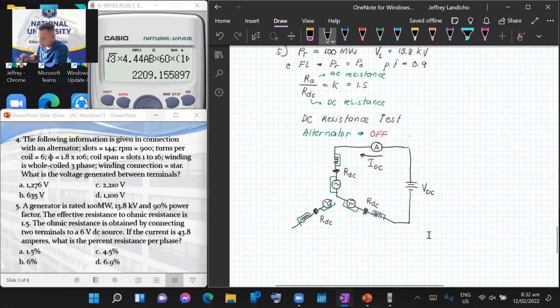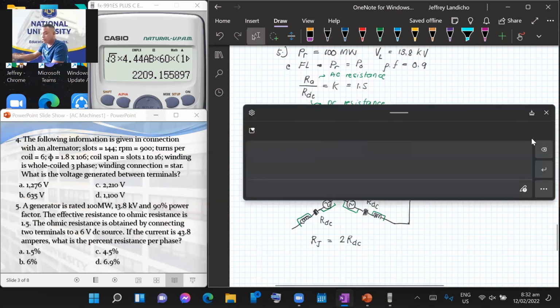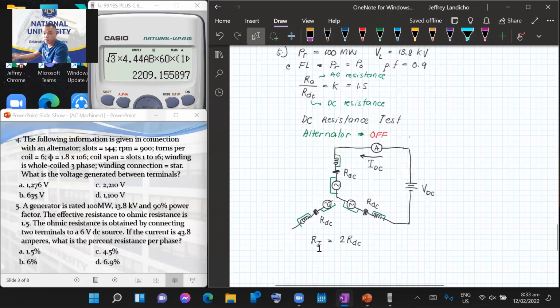So lumalabas ngayon under DC resistance, kapag kinuha natin by Ohm's law, ang total resistance, series lang yan, that is equal to R DC. Total resistance, or that is the resistance measured between terminals. So that is 2RDC since they are just connected in series. And by Ohm's law, they should be equal kanino? Total voltage over the total current, which is the VDC over IDC.